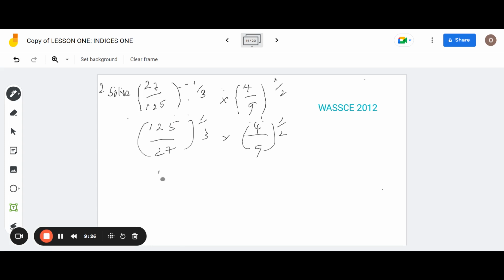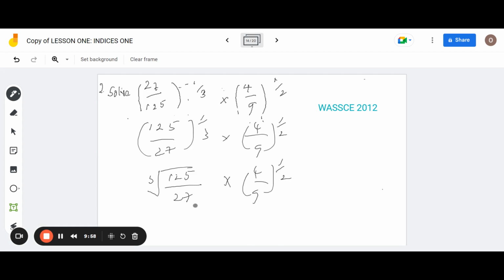This will give us the cube root of 125 over 27, times 4 over 9 raised to the power half.